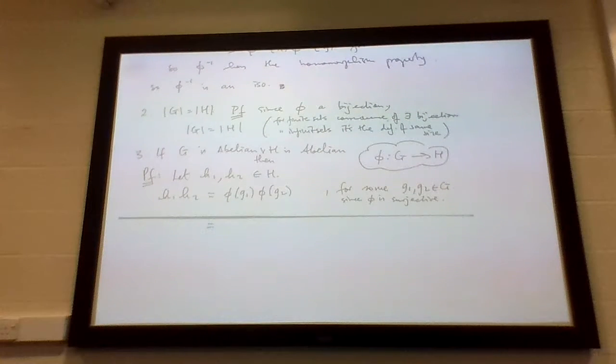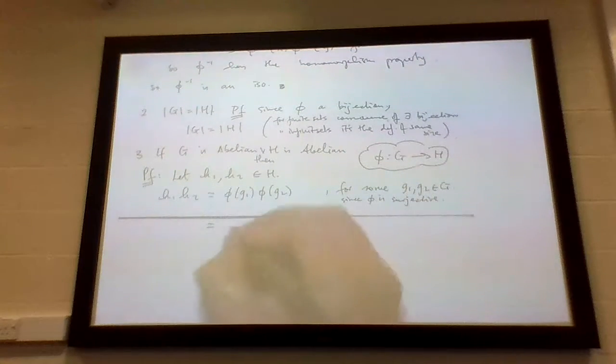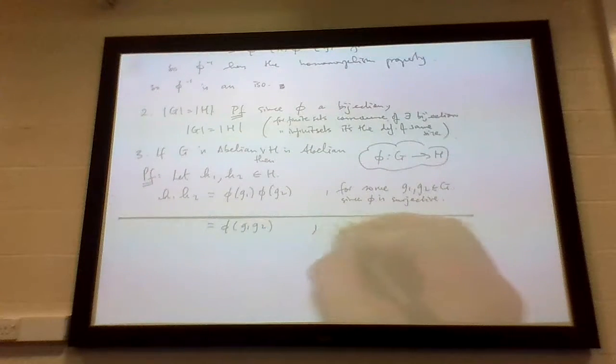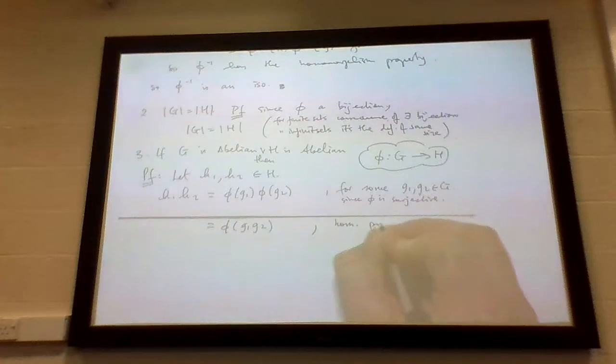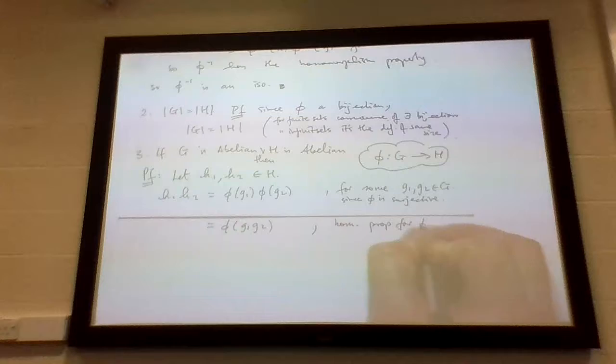Next. It's phi of G1, G2. Use the homomorphism property for phi.